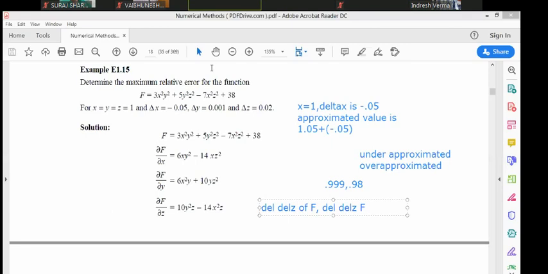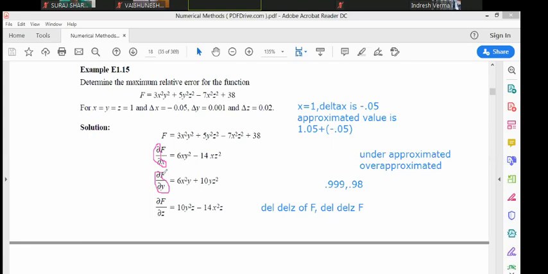Because in your BSc there is no proper training of your basics, therefore there is a problem. Del x of f. Del y means the first order partial derivative.